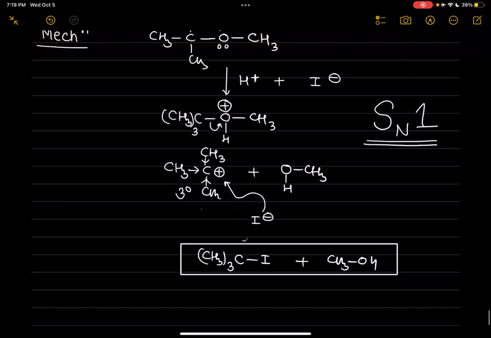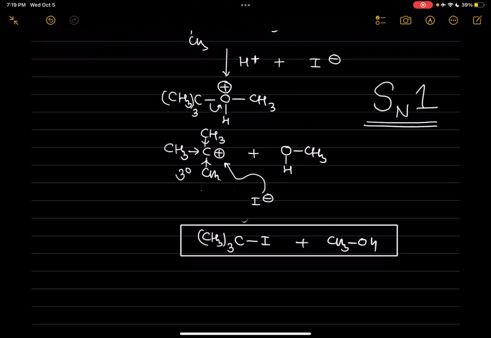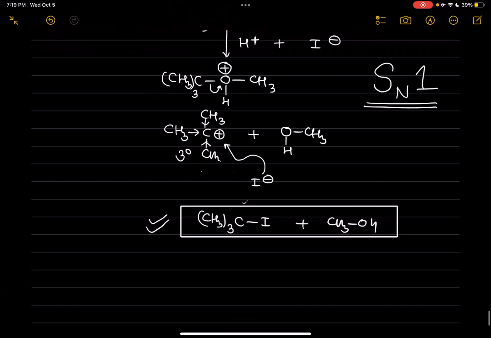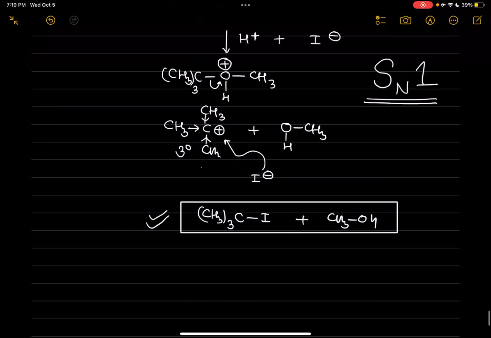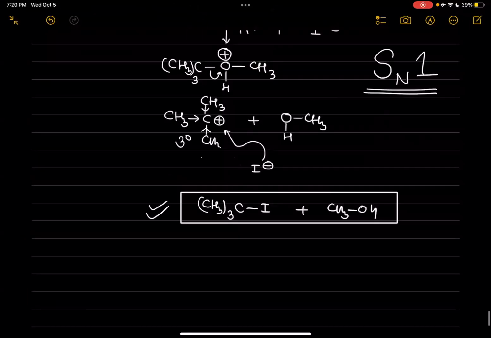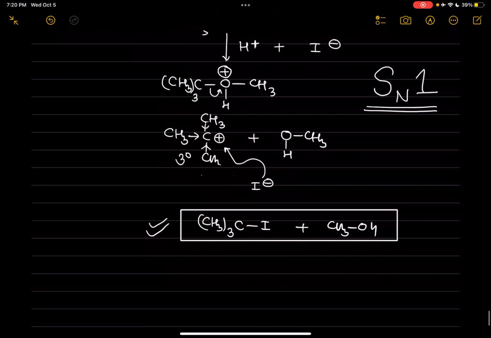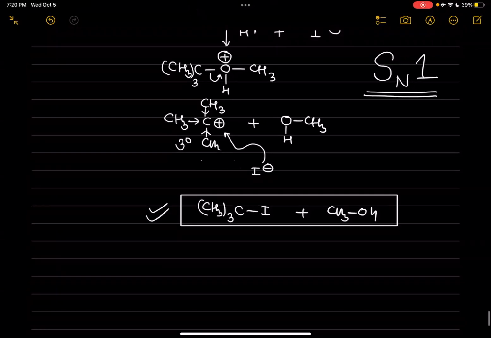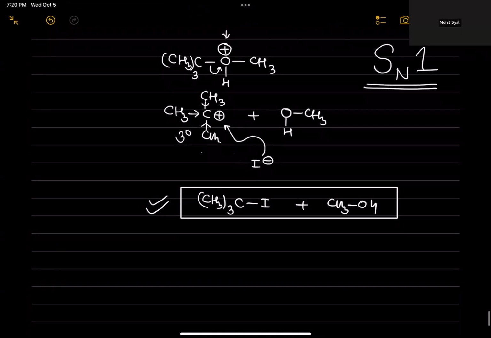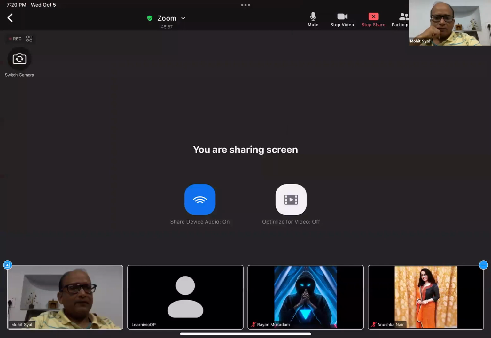This is how you are going to get the answer. Clear or not? Tell me quickly. The other thing is, it is not going to be SN1 all the time. Arshin, is it clear? Yes, sir. This is a bit tricky and it is given in NCERT also, so you need to be very careful.